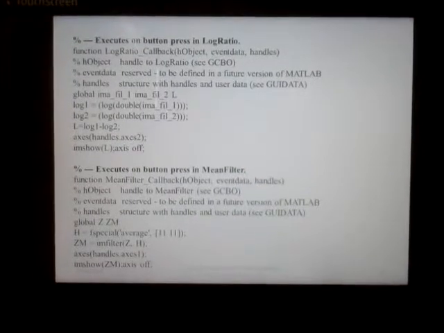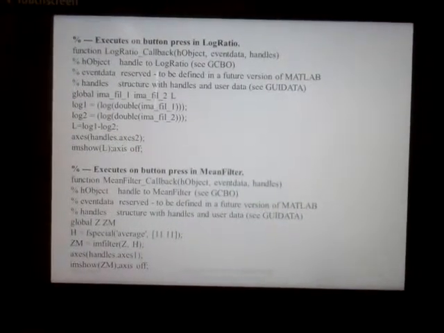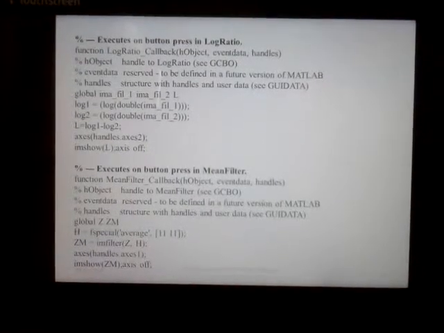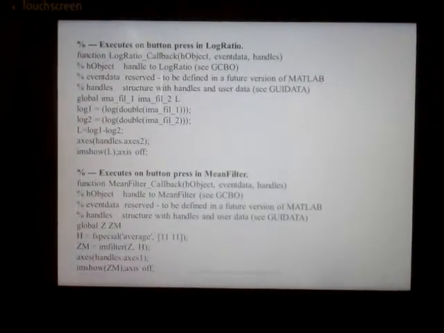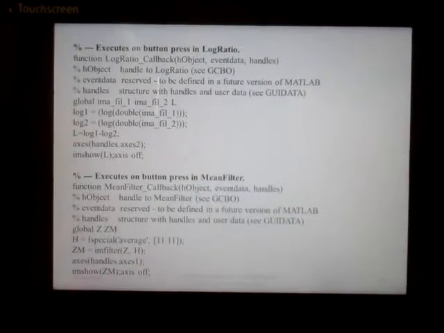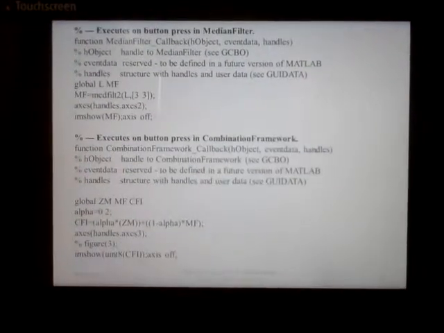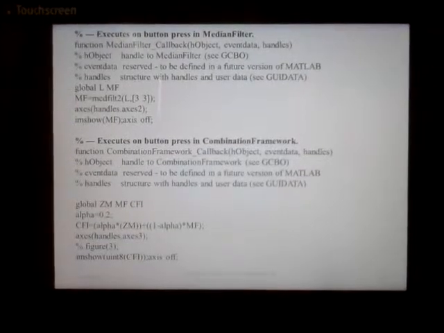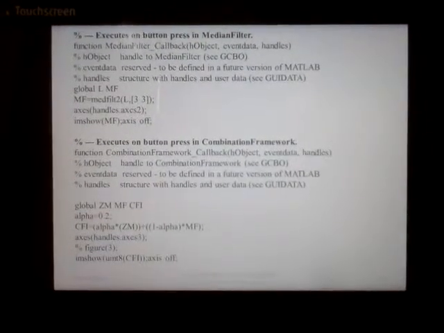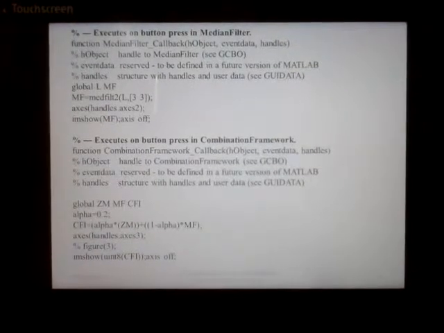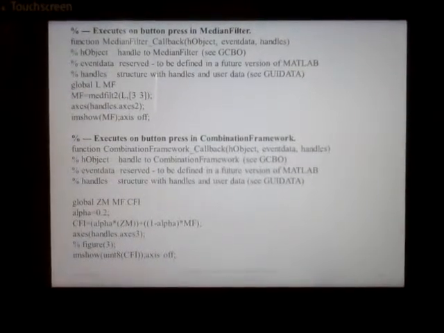Then we do the log ratio operator, and this is the formula for log ratio: L equal to log 1 minus log 2. Then we go for the mean filter, and this is the formula for the mean filter: Zm equal to imfilter z comma h. Then we do the median filter, and this is the formula for the median filter: mf equal to medfilt2 L comma matrix 3 by 3. Then we finally do the combination framework.